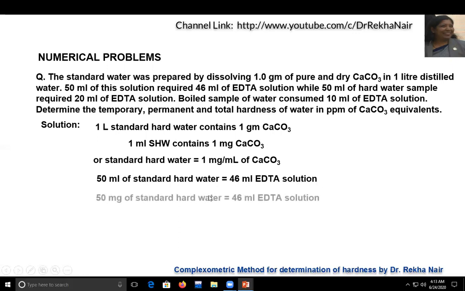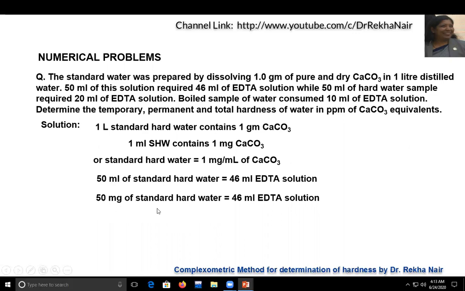So 1 ml of standard hard water contains 1 milligram of CaCO3, so 50 ml must contain 50 milligram of CaCO3. Standard hard water contains calcium carbonate.